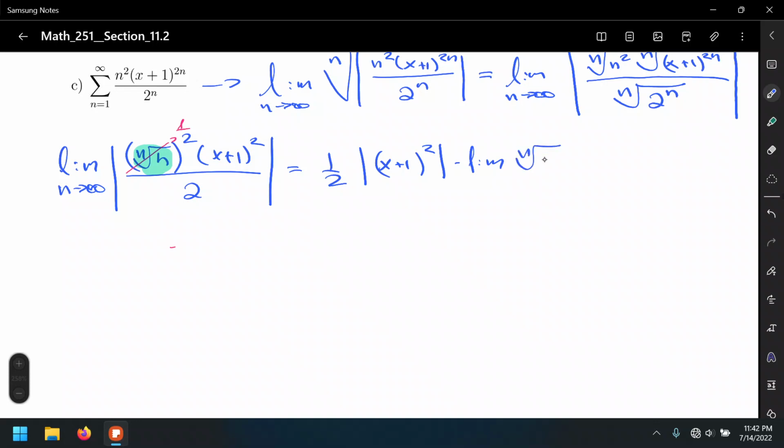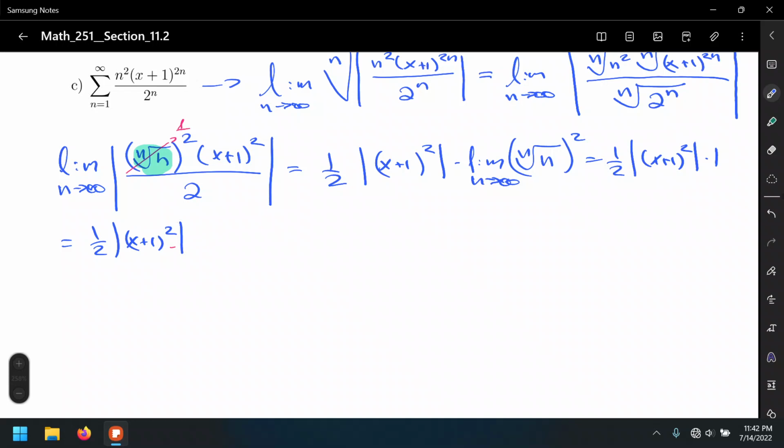Let me leave it as n, just so you can see the consistency with the limit process. And this limit is 1, so that's 1/2 absolute value of x plus 1 squared times 1, which is 1/2 x plus 1 squared.